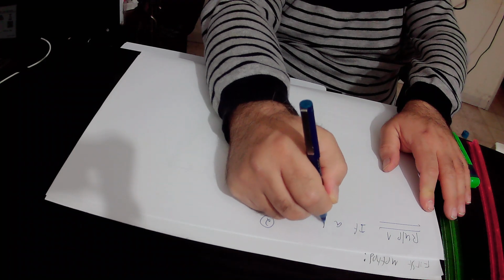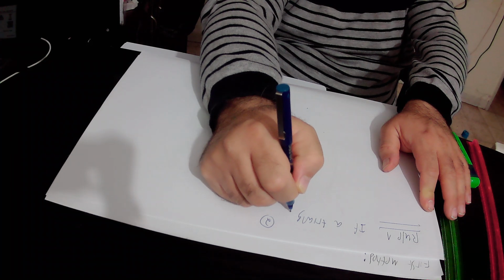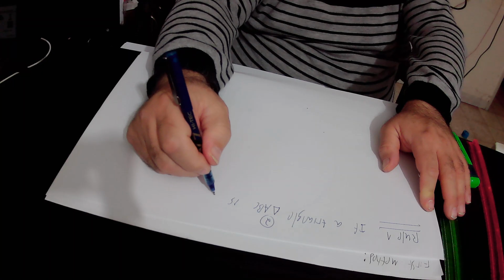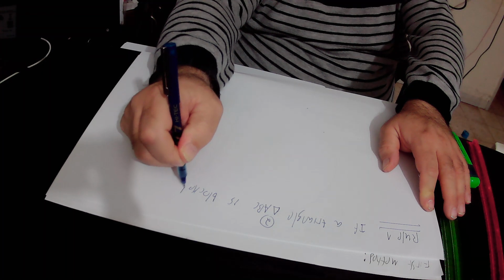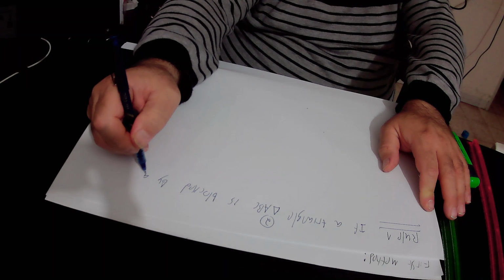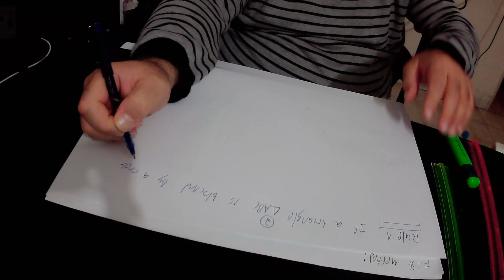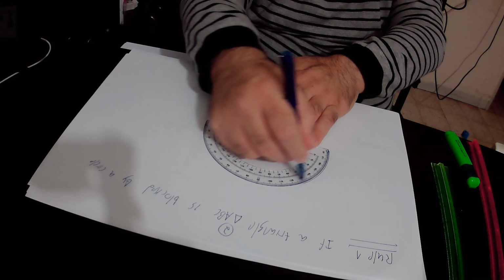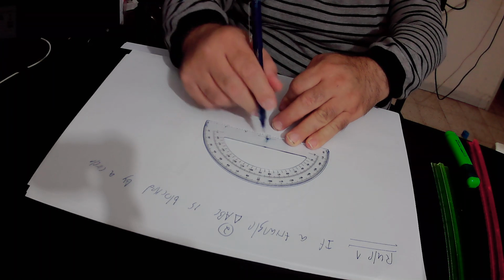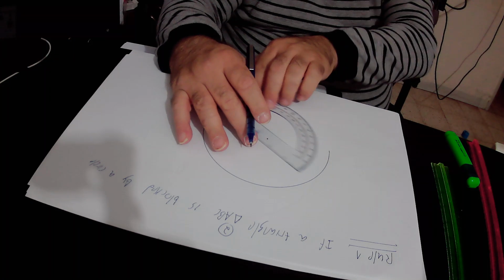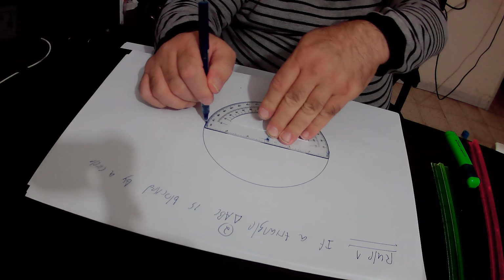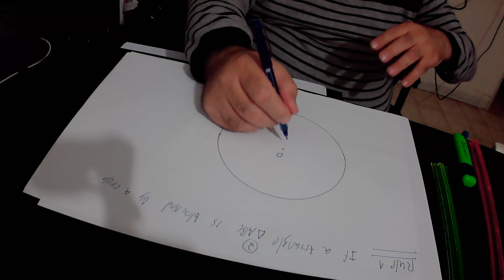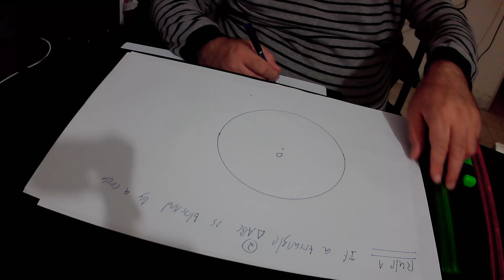if a triangle ABC is blocked or inscribed by a circle, so we actually have a circle and the center of this circle is at this point O. And we have triangle ABC that is blocked or inscribed by this circle.